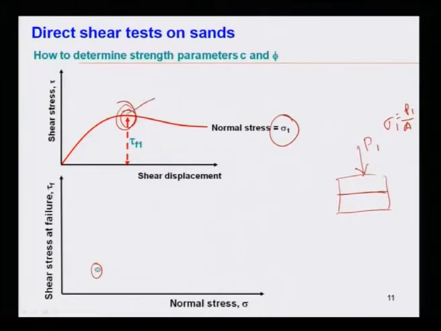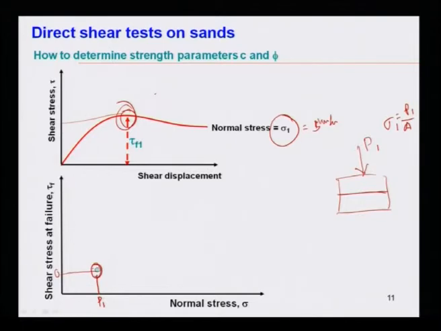Suppose you get a shear stress of, say, 5 or 2 kilonewton per meter square, or kg per centimeter square, whatever unit you are getting. Then you plot it for a normal stress, say P1 equal to 1 kilonewton per meter square or 5 kilonewton per meter square. This is your P1 and this is your shear stress.